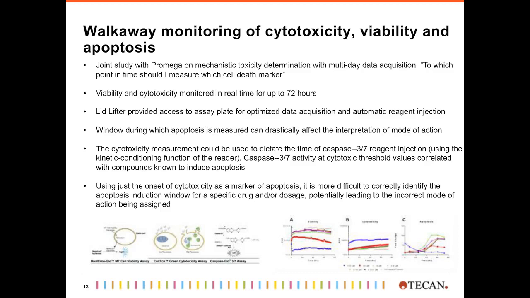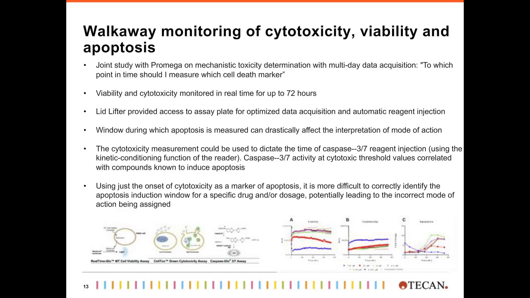In that study we describe a method for automated kinetic monitoring of cell viability, cytotoxicity, and apoptosis. What we used are the kits from Promega designed for real-time analysis, which is the RealTime-Glo assay to detect viability, the CellTox Green assay to detect cytotoxicity, and the Caspase-Glo assay to detect apoptosis.